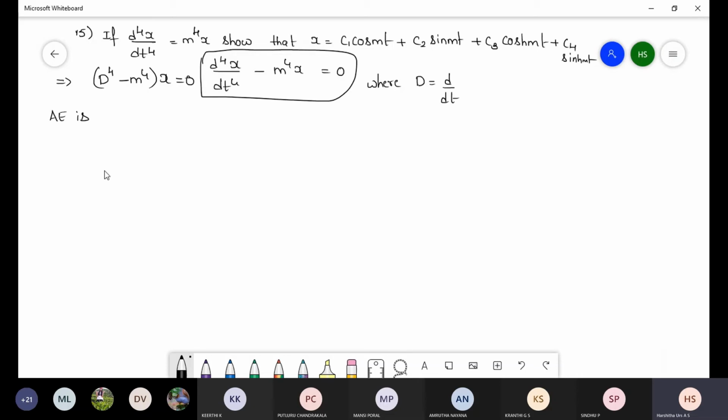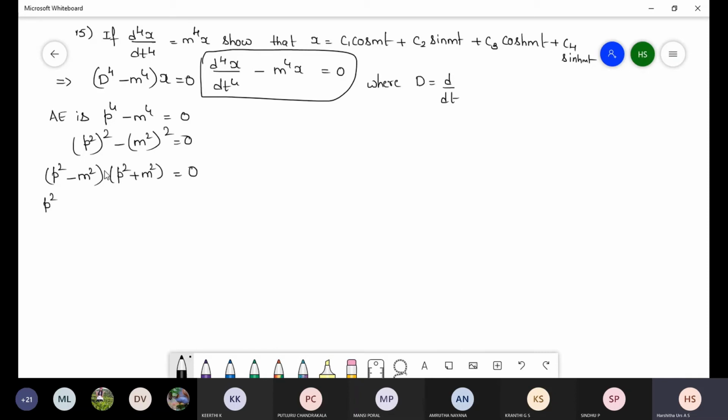So let us change here. We replace d by some other term, p power 4, replacing capital D by p. So p power 4 minus m power 4 is equal to 0. It is in the form a square minus b square. So here we get p square minus m square, again p square plus m square is equal to 0.